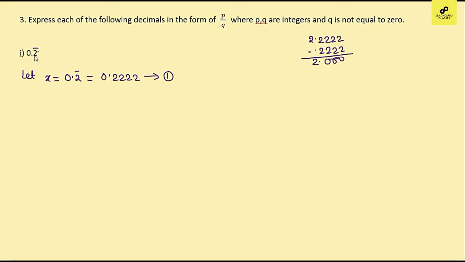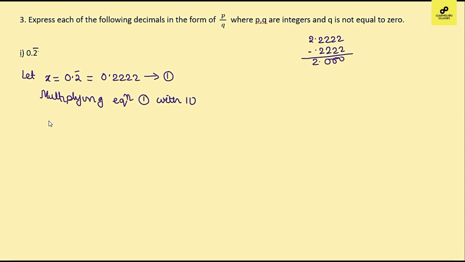So to get rid of the decimal, the second step that you have to follow is to multiply equation 1 with 10.